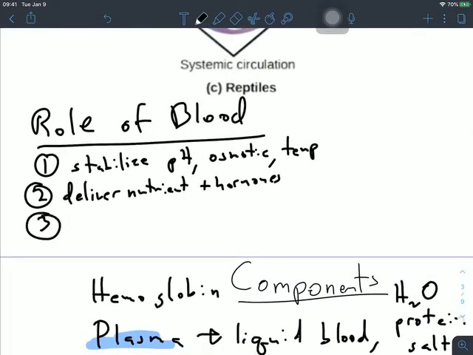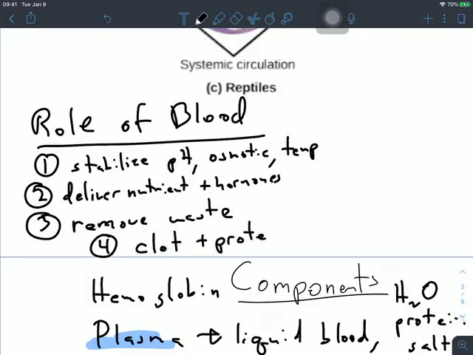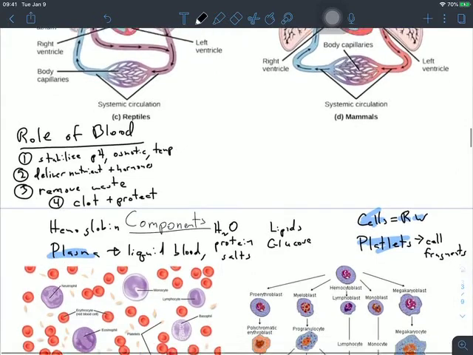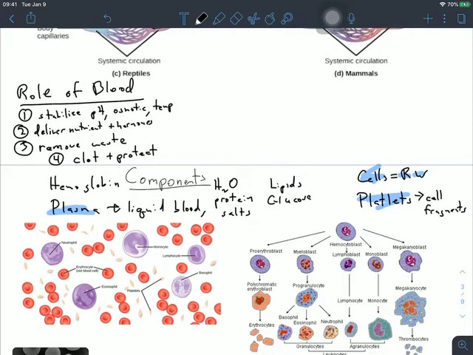The third role for blood is to remove wastes. And then last but not least, fourth is to clot and protect. And so each of these different components of blood help achieve those goals.